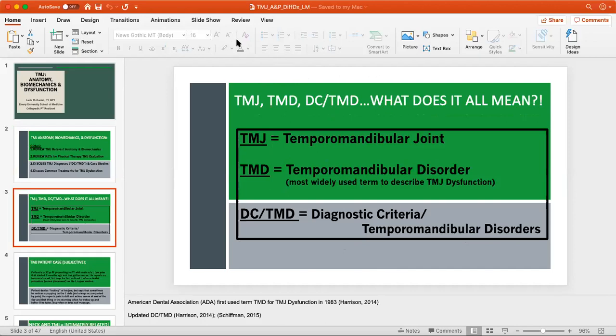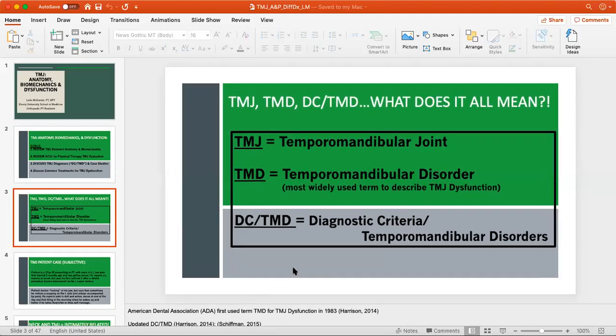So just to clear up some terms: TMJ, temporomandibular joint; TMD, temporomandibular disorder. Depending on where you look or what reference you're seeking, sometimes you will hear TMD as a descriptor of TMJ dysfunction or TMJ disorders. So just so you don't get confused, if you see TMD, that's what it means.